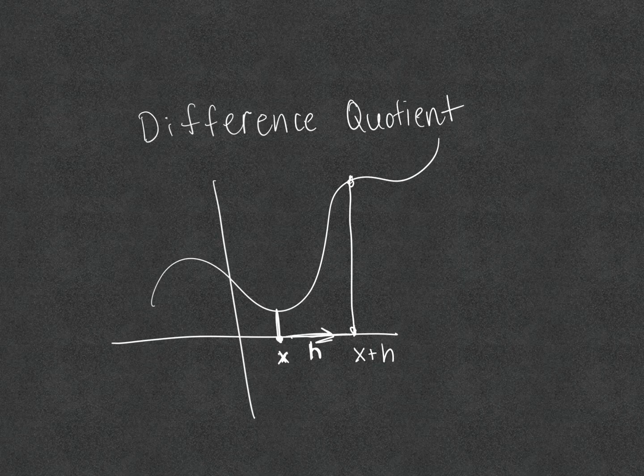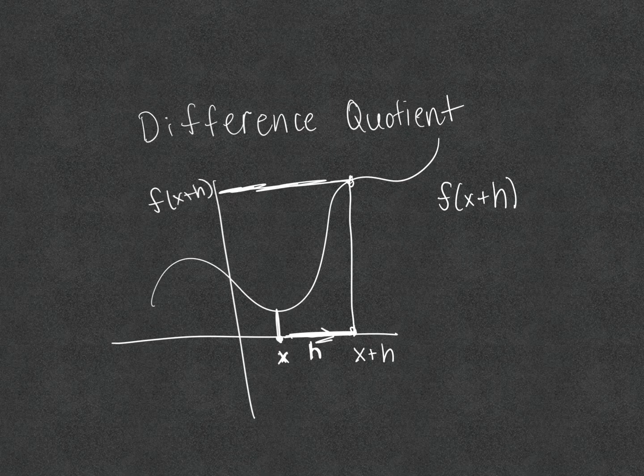So you notice we went over h. Then we just figure out the average rate of change between x and x plus h. So it would be f of x plus h, that's the y value. This value right here is f of x plus h, minus f of x. That's this value here.